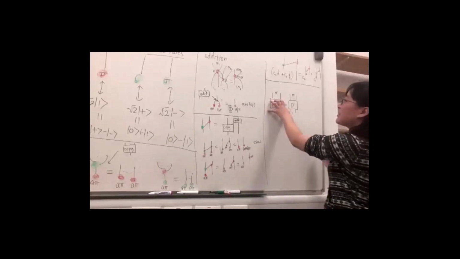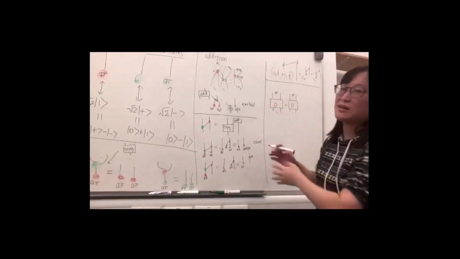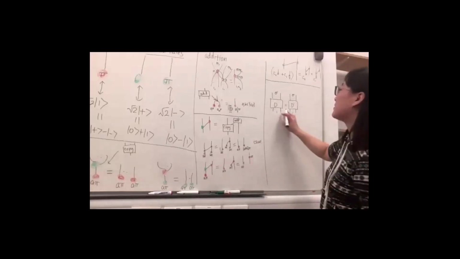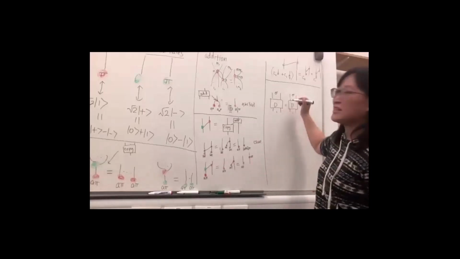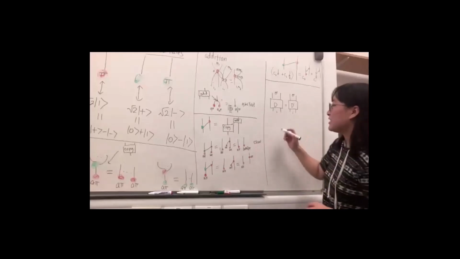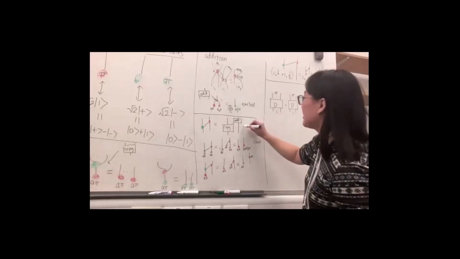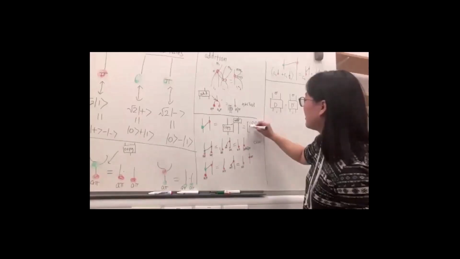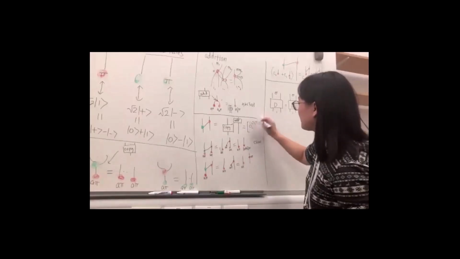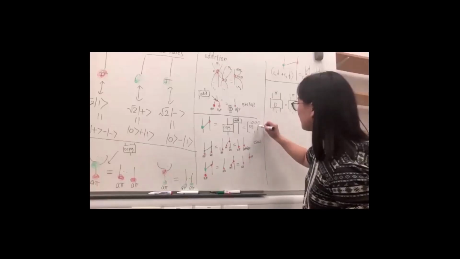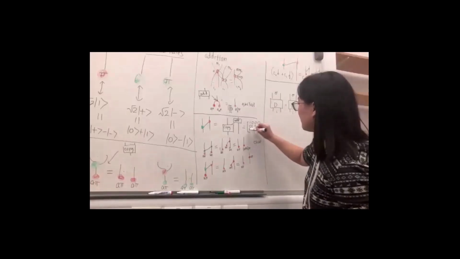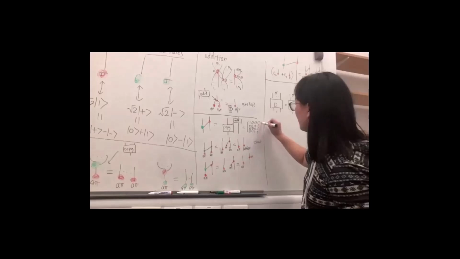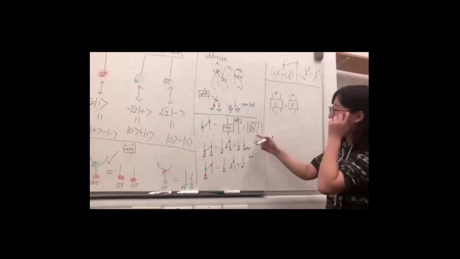Because every diagram uniquely has one matrix in the computational basis, one matrix that is what that diagram implements. So for the C0 gate, this matrix is this one.